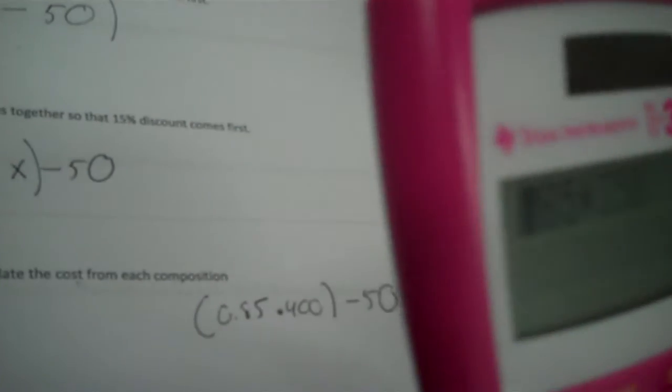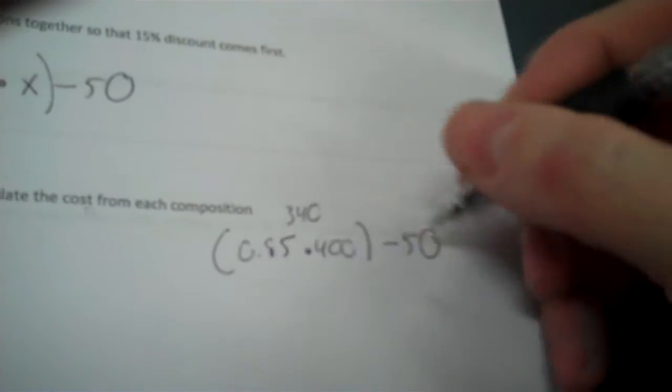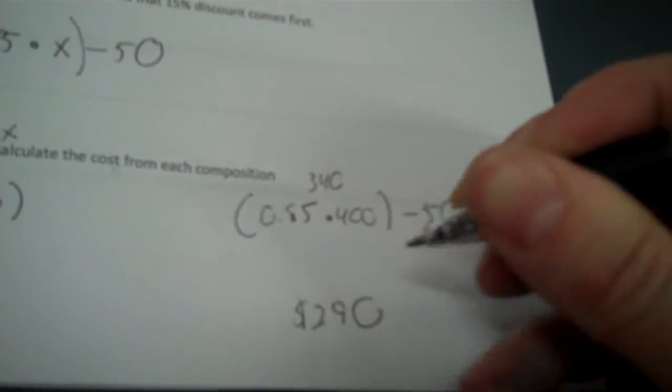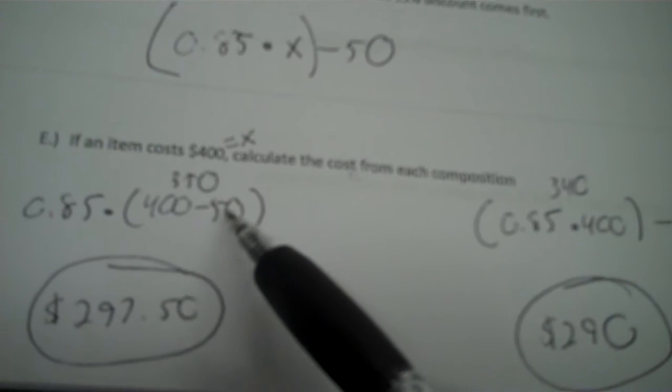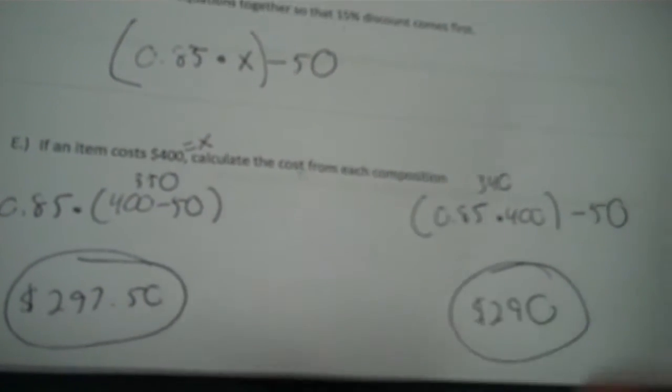Okay, now here I do the parentheses first, 0.85 times 400. 340, okay. Then I take 340 minus 50, which is 290, okay. So, if they do the 15% off first, I only pay $290. If they do the $50 off first, then do the 0.85, I pay that.